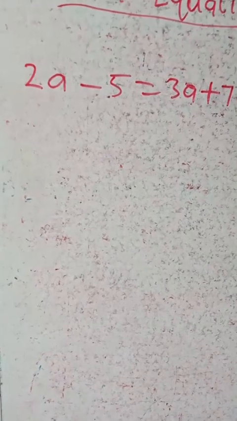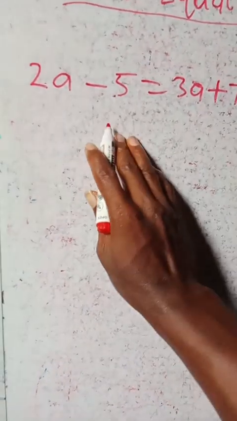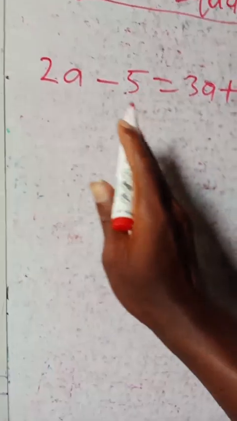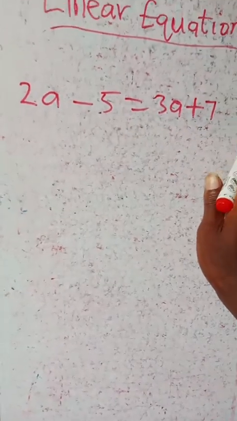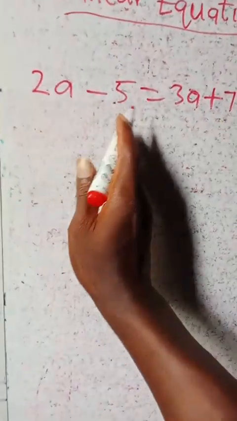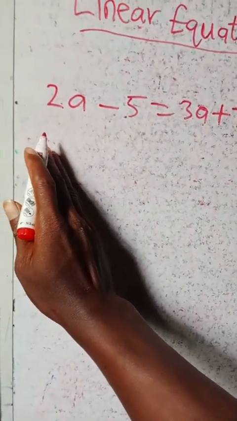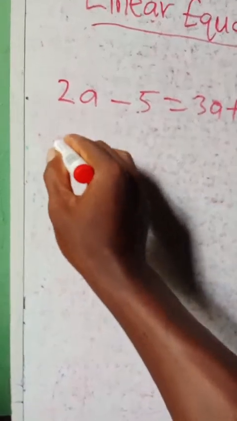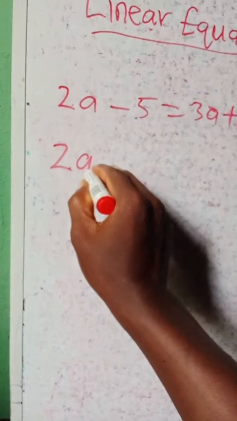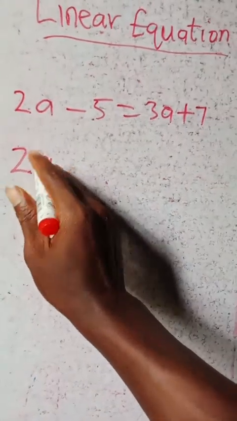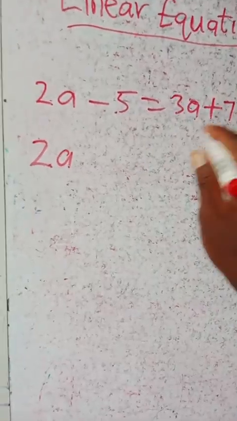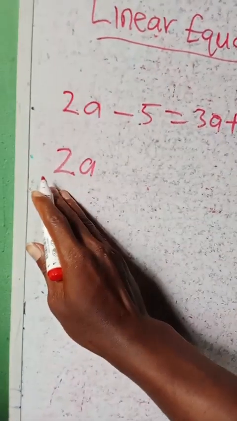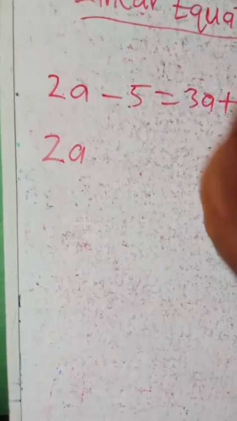Having known that, we have to take all the alphabets to this side and the numbers to the other side. So how do I achieve that? Already on this side there is an alphabet, 2a. But on the other side there is a 3a, and we need to bring this 3a to this side, transfer it from that side to this side.